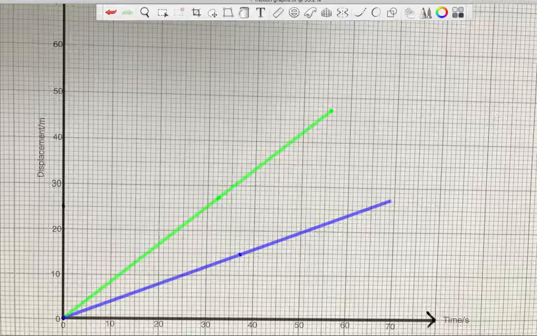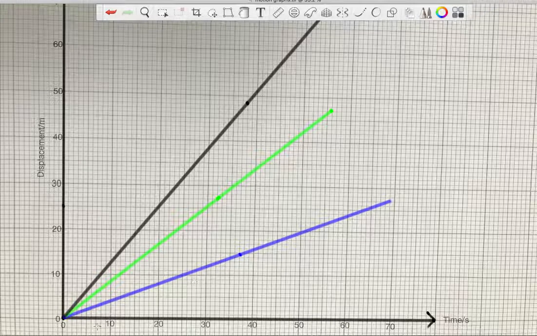And then finally, for the straight line graphs, let's look at this one. And you can see here in 10 seconds we've travelled nearly 13 metres. In 20 we've travelled about 25.5 metres. In 30 we've travelled about 38 metres. So again, you can see that regular change in displacement every second. So these straight line graphs, for a displacement time graph, these straight lines tell us we have a constant velocity.